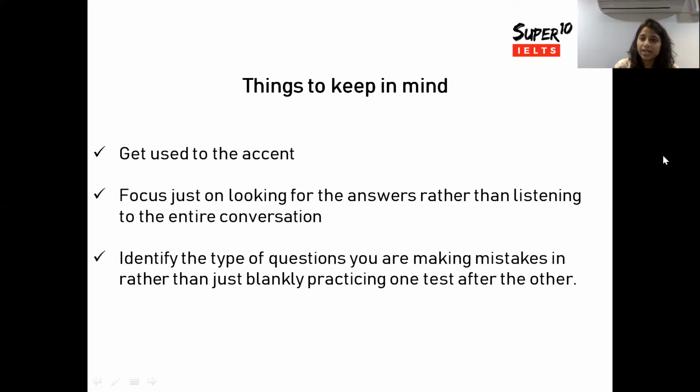So that's why it's really important that you first attempt the listening test 1 or 2 times in your exam conditions. And then after that, please make sure that you do not just blankly practice one test after the other. You absolutely focus on one type of question that you are making mistakes in.